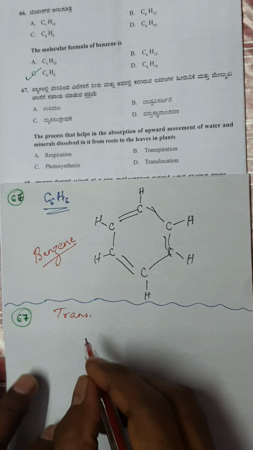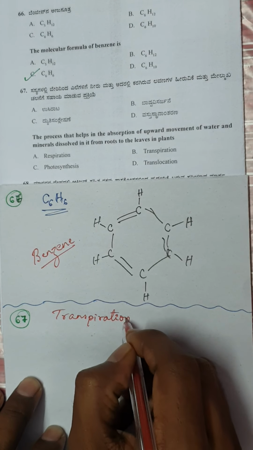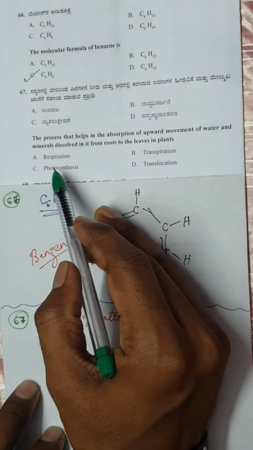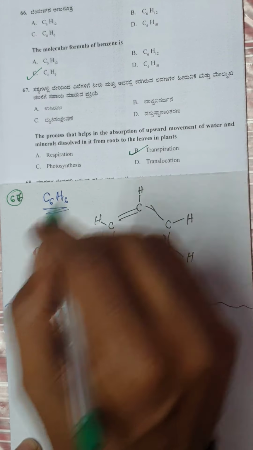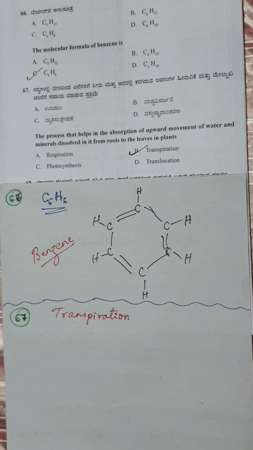Okay, so the process, we just want to know what is the process. This process actually is named as transpiration. Now checking the options here, transpiration is given in option B, and that would be our right option. Okay, right. So biology questions are almost straightforward questions, provided you should know that they are all conceptual questions. You should know the concept clearly, only then we can answer.